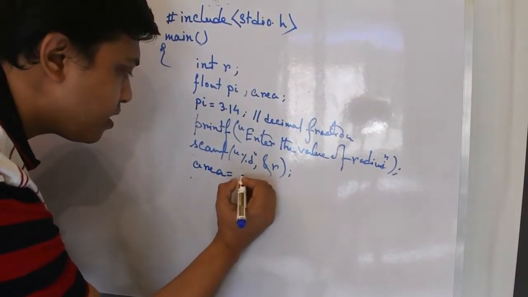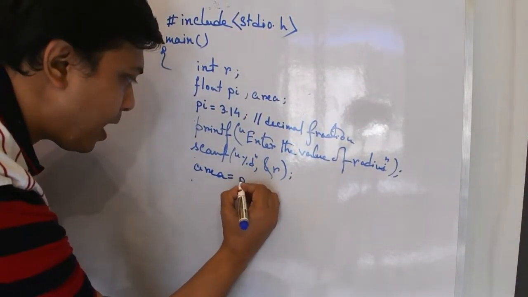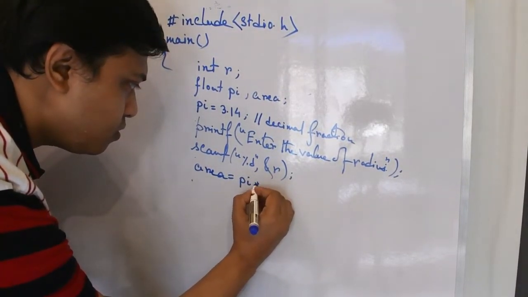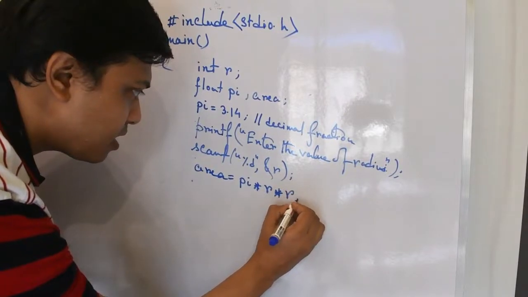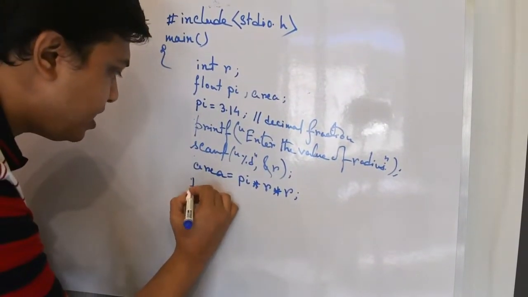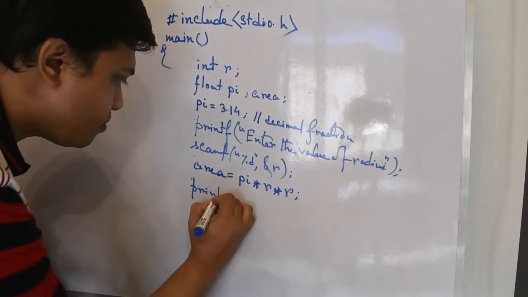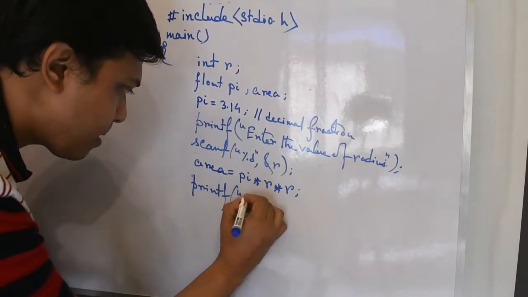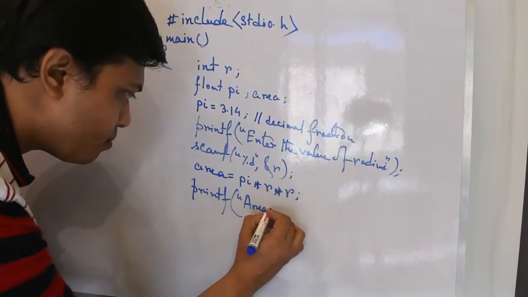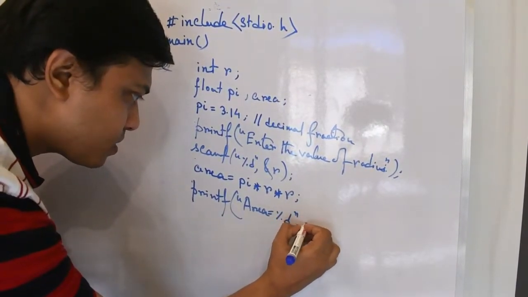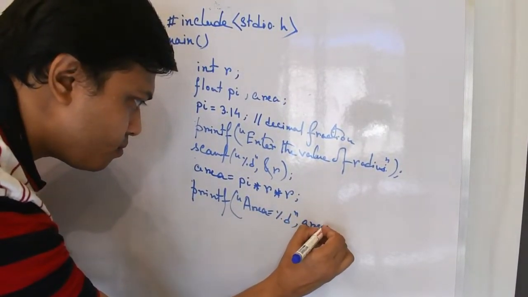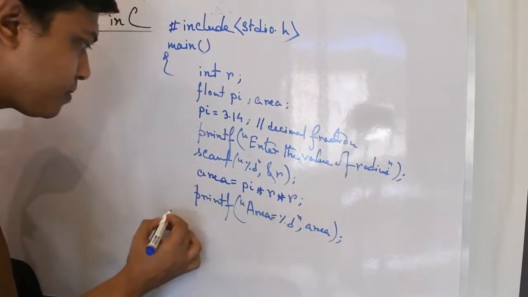Area equals pi into r into r. Now we print it: printf area equals %d, area.